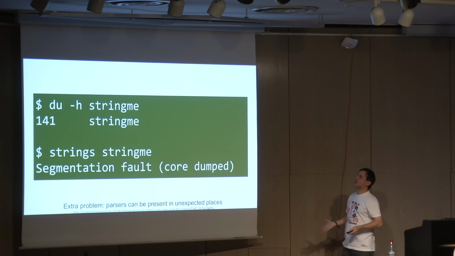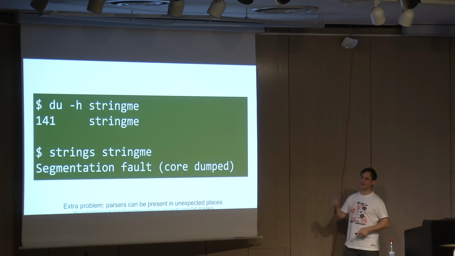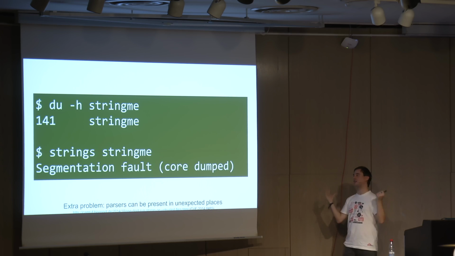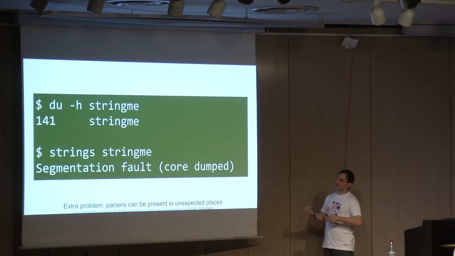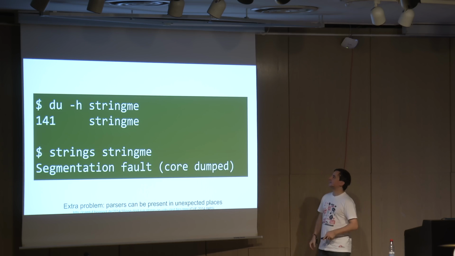But no, it's actually calling parsers, and it was exploitable, and it's a CVE, and now he also did that with less. So the problem is that not only you have different parsers, but also you have parsers in an unexpected place. So don't run strings on unknown files, don't run less on unknown files, don't do anything, basically. Because you never know. Especially if the file comes from me.